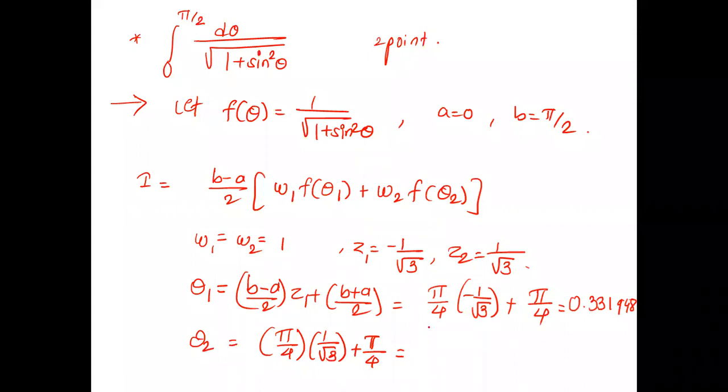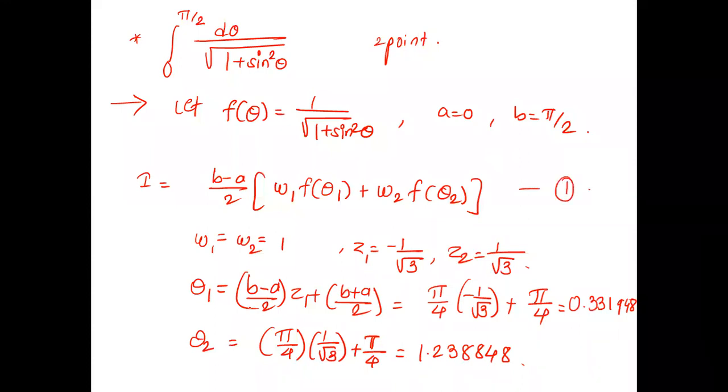Theta 2? Plus pi by 4 is remained. Add pi by 4. You're getting 1.238848. Check. Are you getting the same values? Yes, ma'am. Right. Okay, so we have them and we can then now put it in 1.